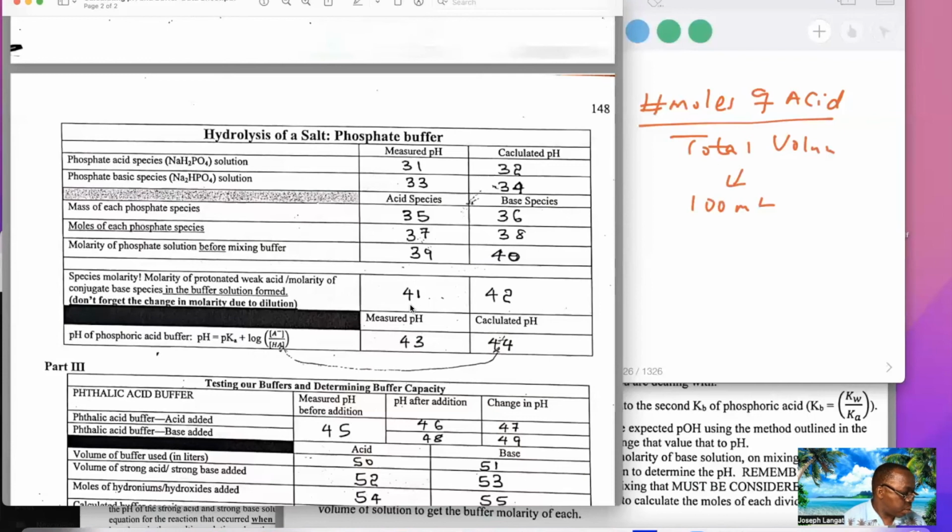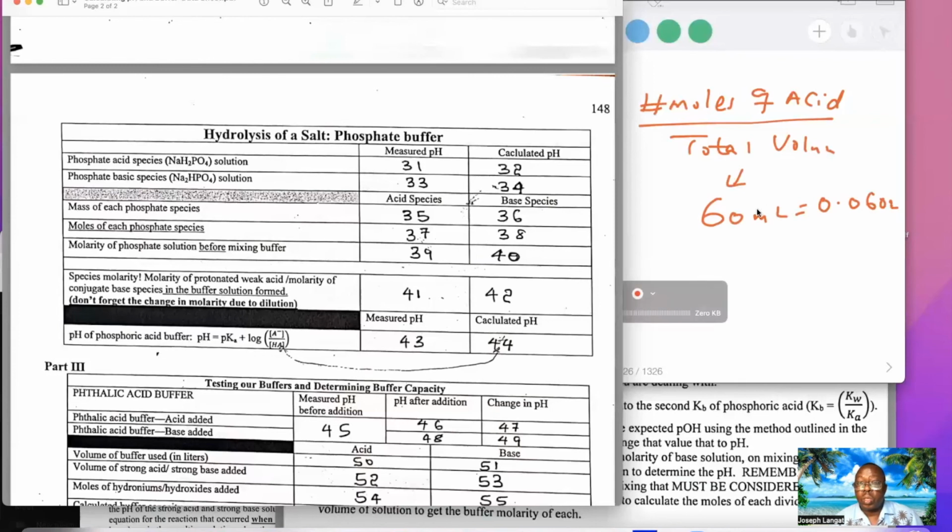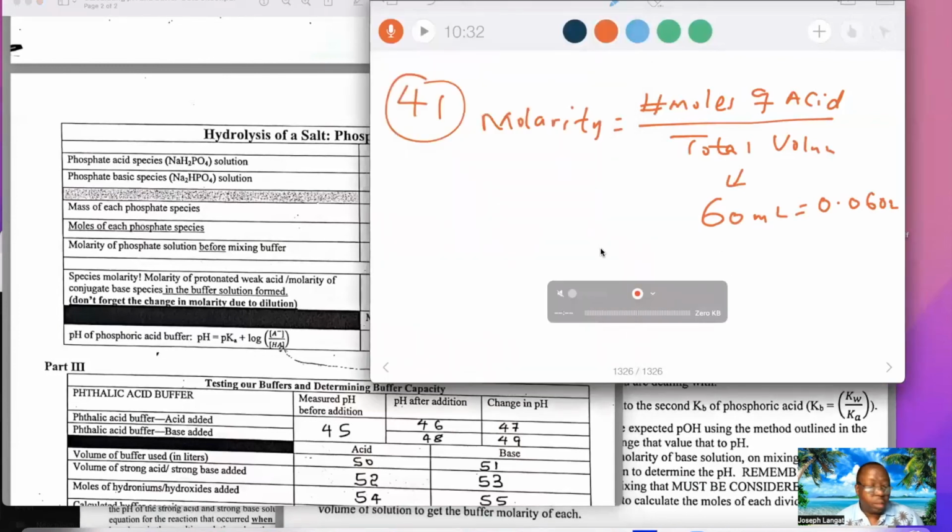So this will be the number of moles of the acid over the total volume, which is 60 ml, because you took 30 ml of each to prepare a buffer solution of 60 ml.